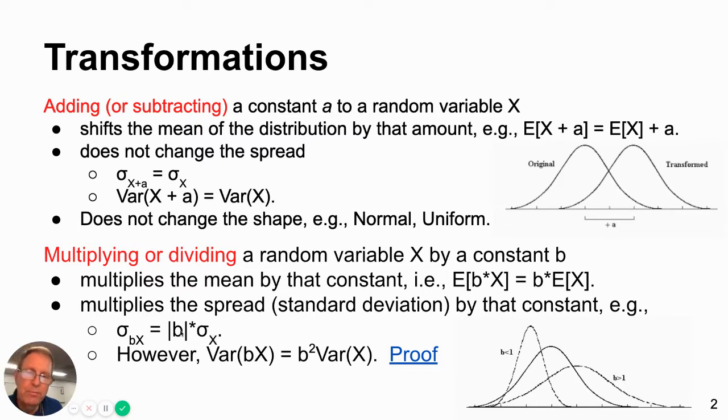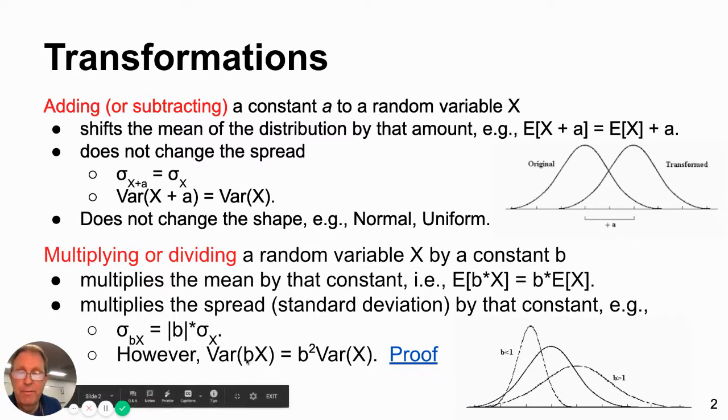Why absolute value of b? Well, because b might be a negative number, and we've got to make sure that our standard deviations are all positive. With regard to variance, it's slightly more complicated. The variance of the new distribution bx is equal to b squared times the variance of x.